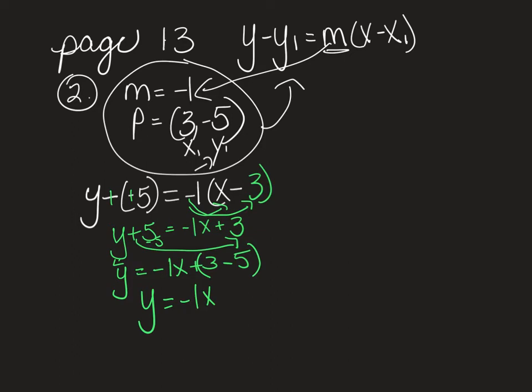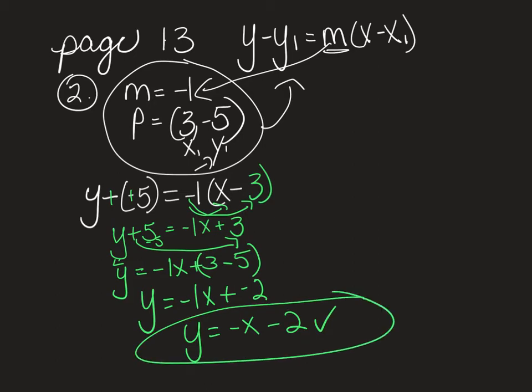So 3 minus -5, when you're subtracting, you're actually adding and taking the sign of the larger number, which would be 5, and that would be negative. So it would be plus -2. Now, if you wrote this as y equals -x minus 2, then that is also correct. Okay, so that is number 2.